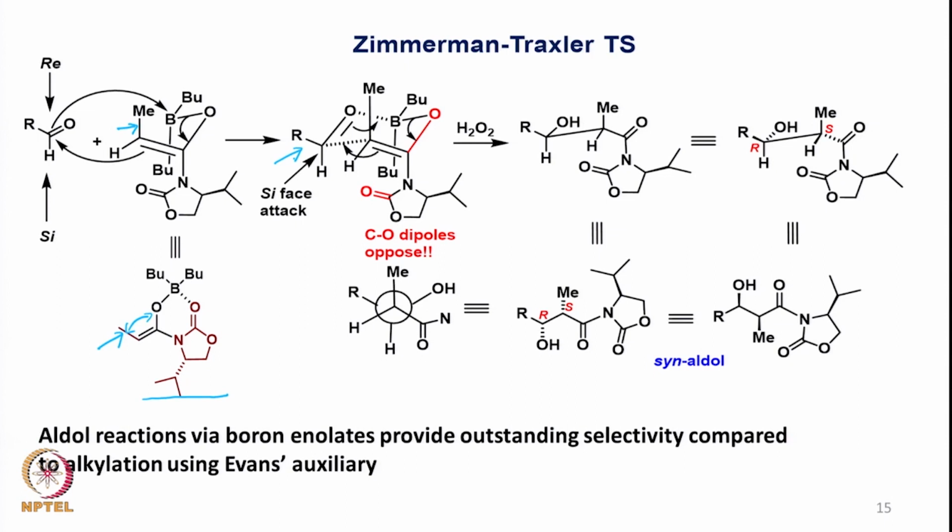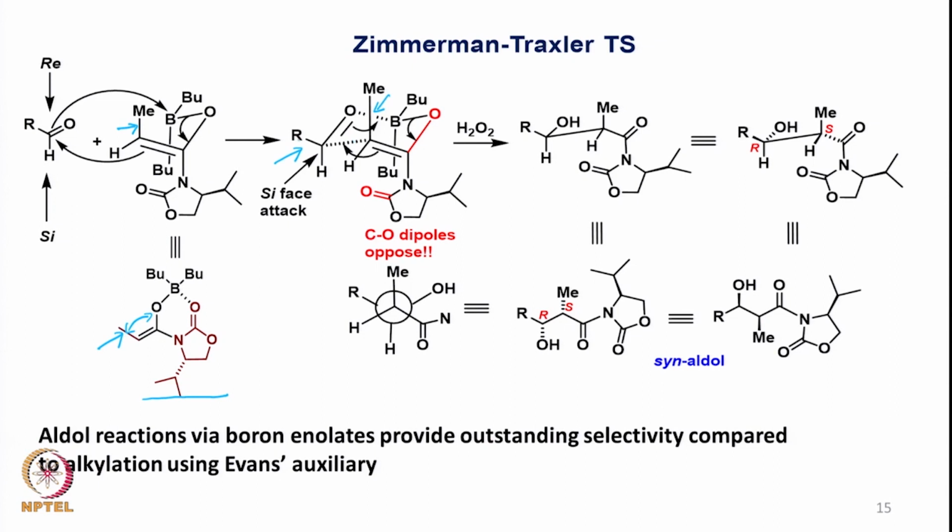Here there are again two choices, and we have to see which direction the attack will occur. As you can see here, the oxygen will have a chelation with the boron, and therefore this chelation will be somewhat like this.